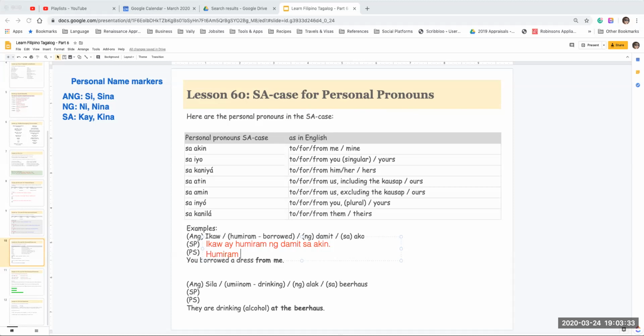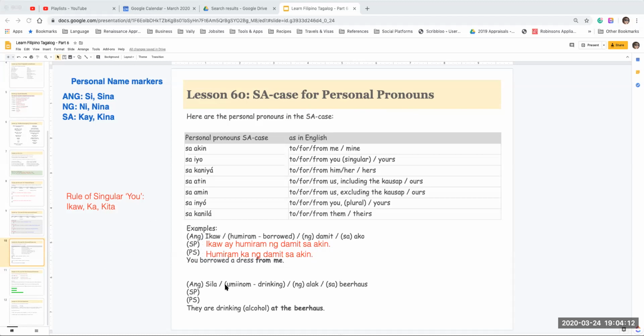Ikaw becomes ka when it's PS. So, humiram ka ng what? What did I borrow? Ng damit sa akin. Yes. There you go. That's it.